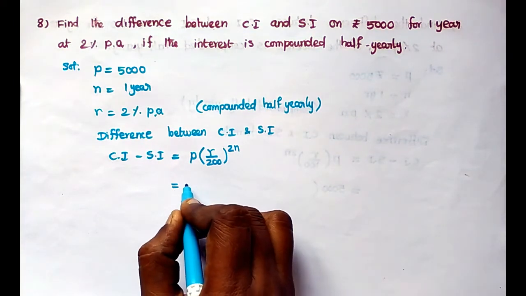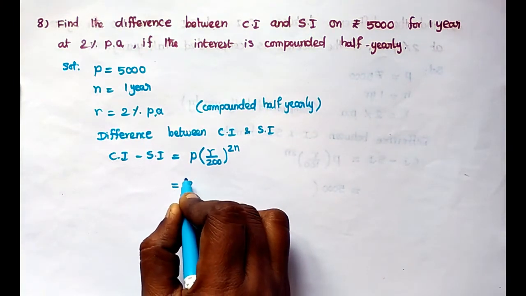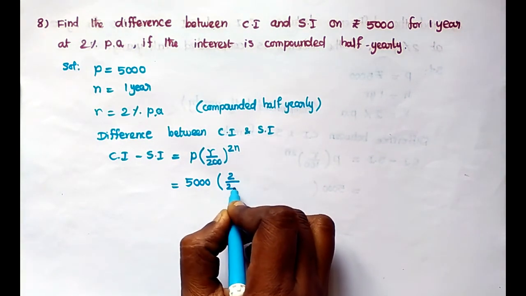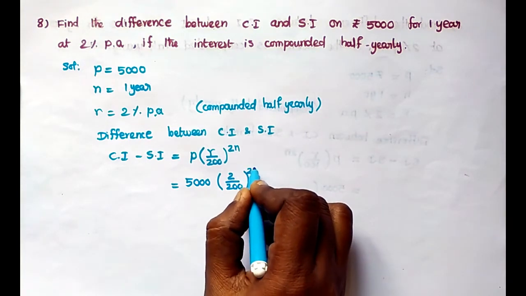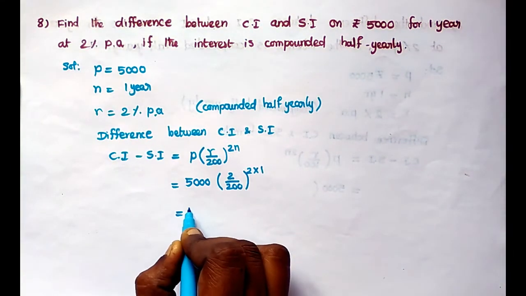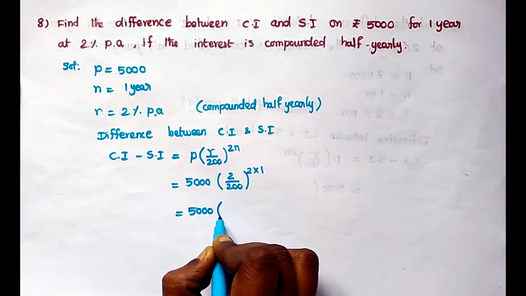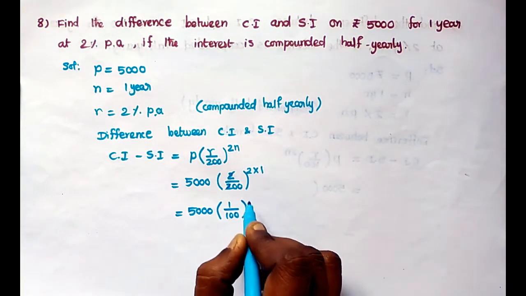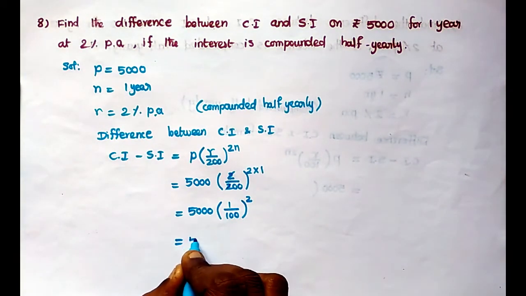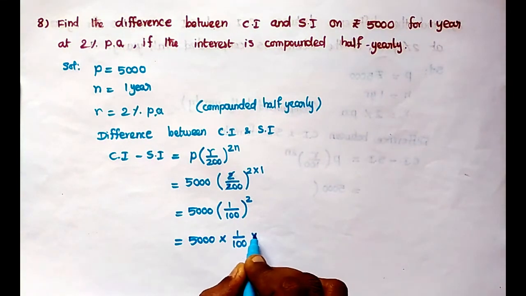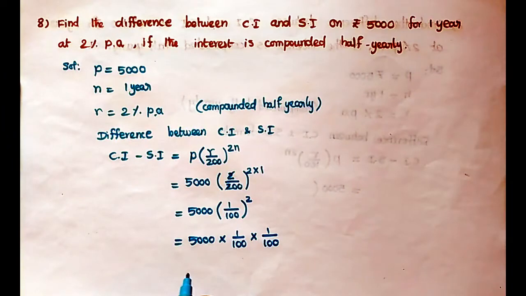Now substitute the values. 5,000 into what is R? 2 by 200 power 2 into 1. 2 into n is 1. So 5,000 into 2 to cancel, so 1 by 100 power 2 into 1. Now 5,000 into 1 by 100 into 1 by 100. Now the zeros are cancelled.